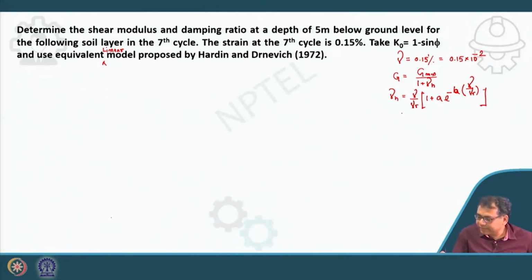And then strain reference is tau max by G max.